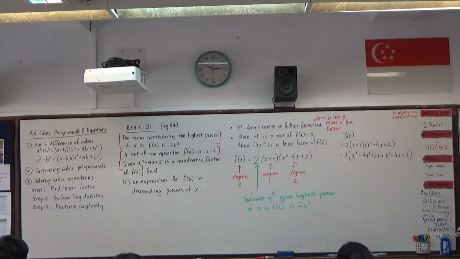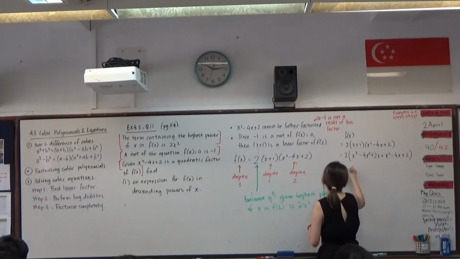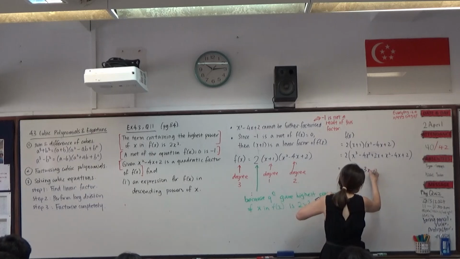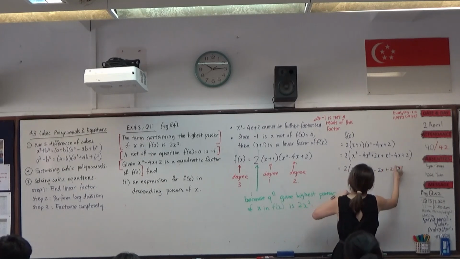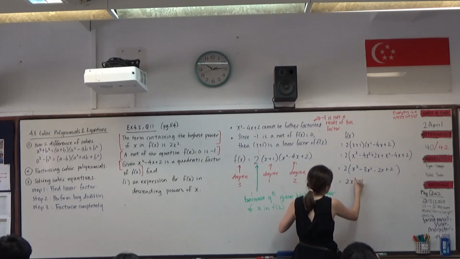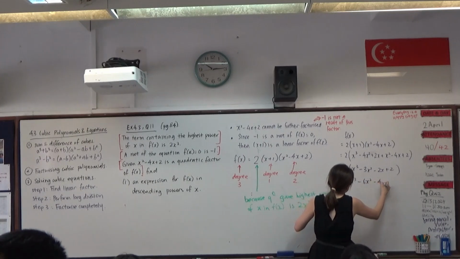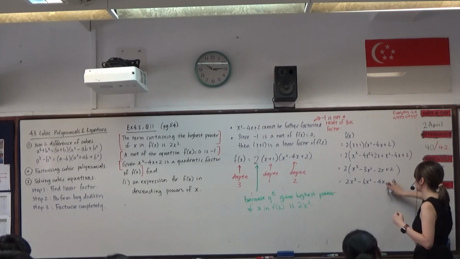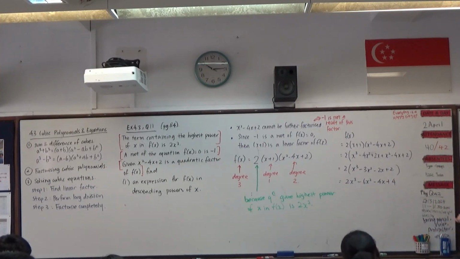Then simplify it first. I will have x cubed minus 3x squared minus 2x plus 2. Okay. So in descending powers of x, that will be the answer.